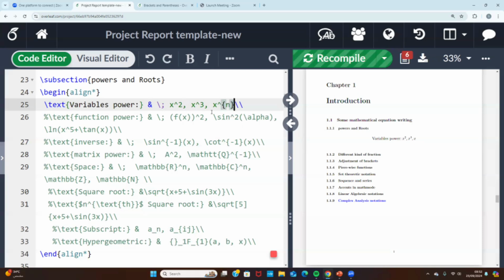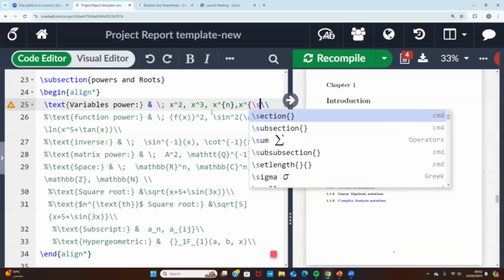The bracket is not necessary if the power has a single form, but if you have a multiple expression in the power, then it is always better to put the bracket, like x to the power, let's say you want to put sine x.